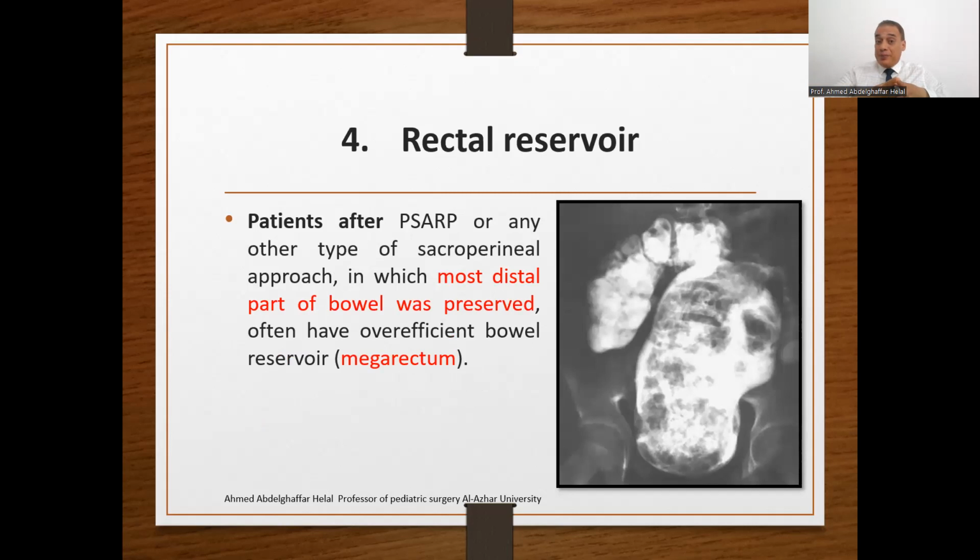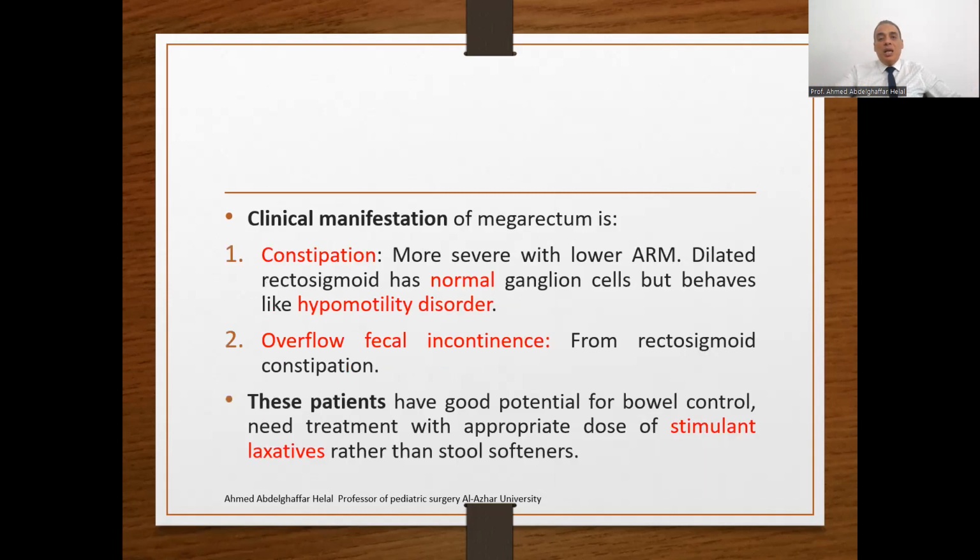Patients after PSARP, in which the most distal part of the bowel was preserved, often have an over-efficient bowel reservoir. This is called megarectum after PSARP, a dilated lower part. The clinical manifestation of this megarectum is constipation, more severe with the lower anorectal malformation disorders.